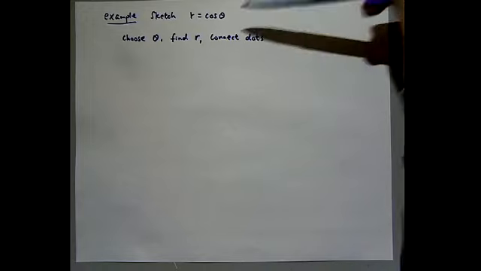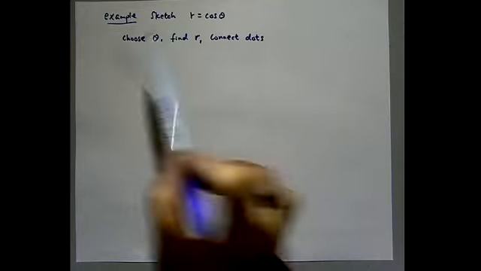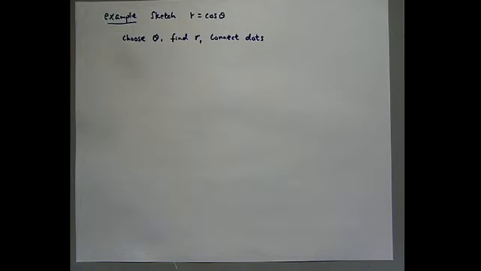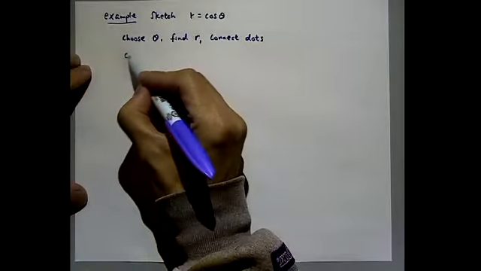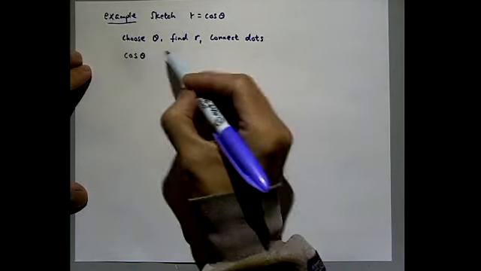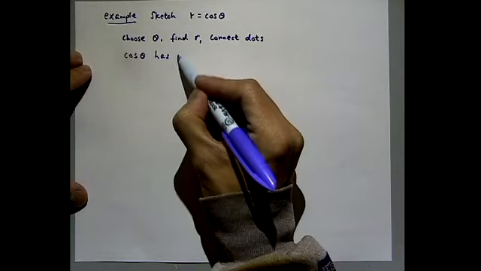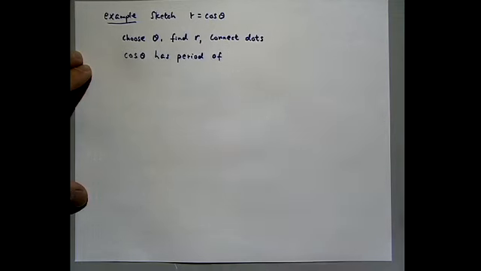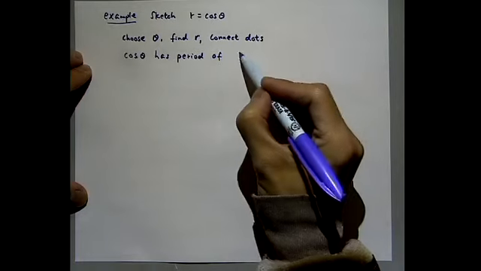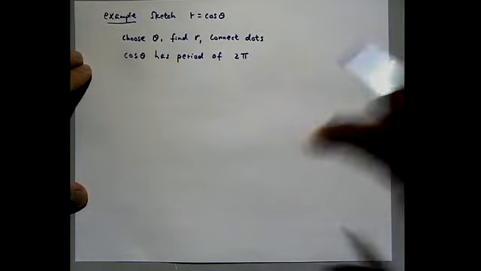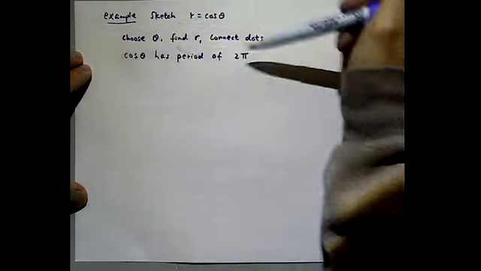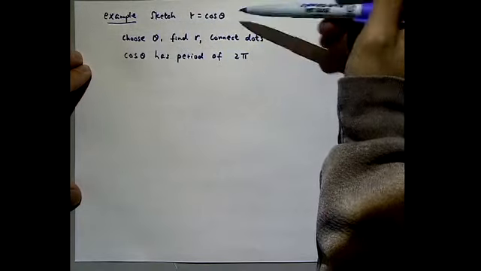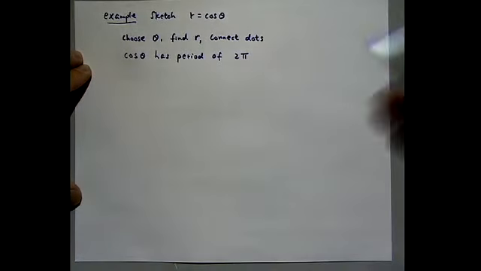Because we know trig functions are periodic, what to choose in terms of theta is actually very easy to determine. Here, cosine of theta has a period of, what's the period of cosine? 2 pi, right? So that means if I can find what r is doing for the first 2 pi of theta, I know what's going to happen afterwards.